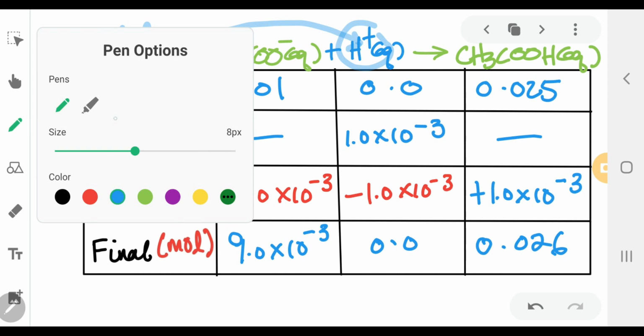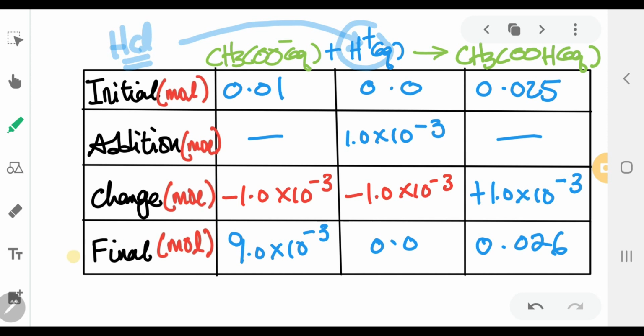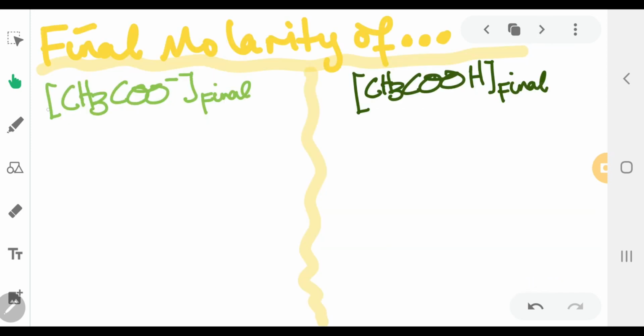So this is the most important part. We have found out the final mole for CH3COO- and final mole for CH3COOH. And we are nearly there to plug that into the Henderson-Hasselbalch equation. We take the final mole of these species and we have to work out the final molarity.